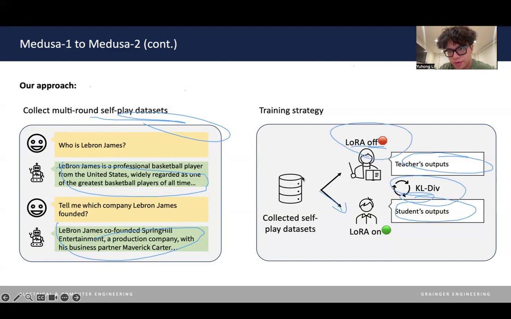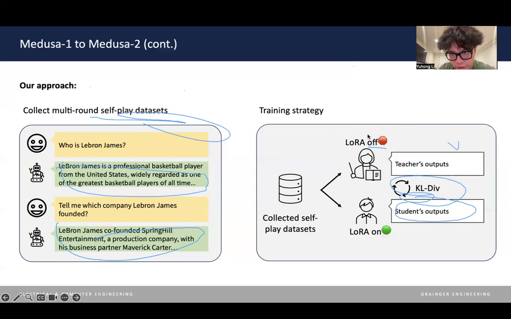So in that case, the model itself doesn't change, but the LoRA will just get the original model's output. And the Medusa, with this LoRA, can continuously and slightly change the distribution of the models, and learn how to predict more tokens without severely damaging the model's performance.